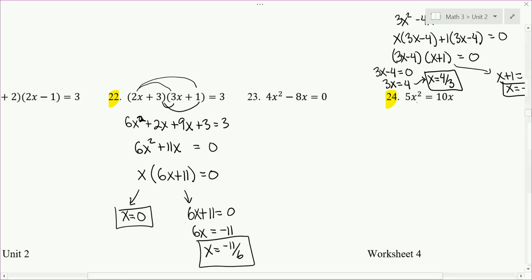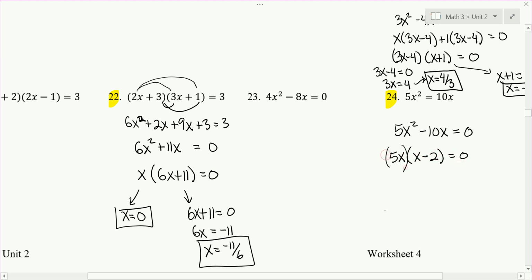24, we have 5x squared equals 10x. Needs to be equal to 0, so I'm going to subtract 10x, and we get 5x squared minus 10x equals 0. Then factor, divide out an x and a 5 if you wish, so 5x, and we have x minus 2 left over equals 0.